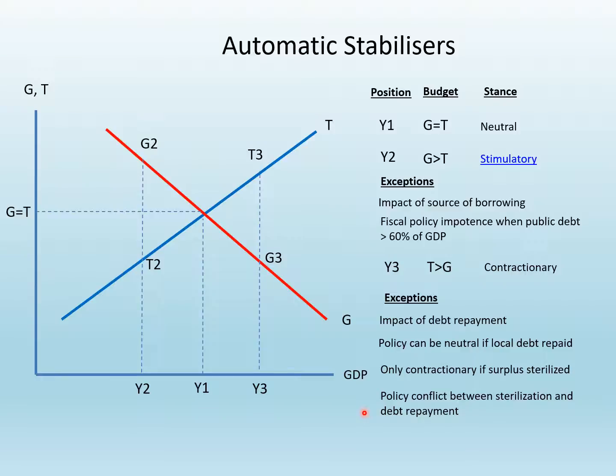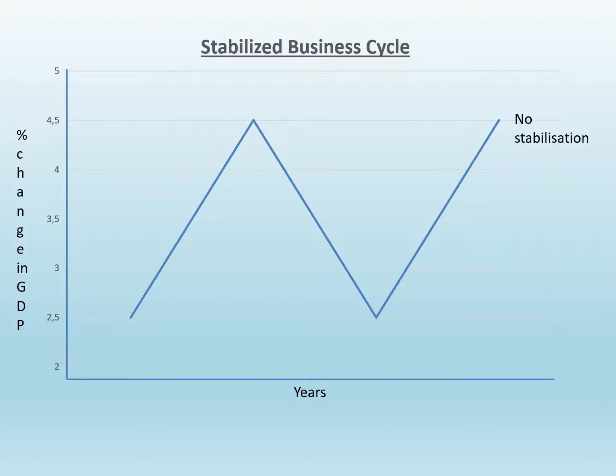Yet, if they want that budget surplus to be contractionary, so they want this system to work as a built-in stabilizer, then they have to sterilize the surplus, and that clearly becomes a policy conflict.